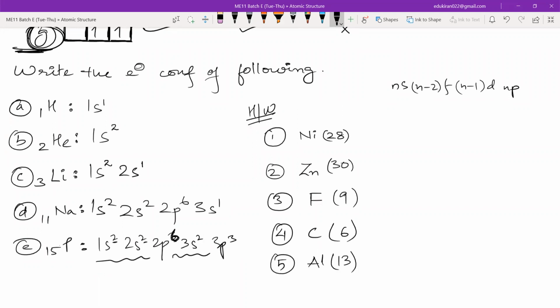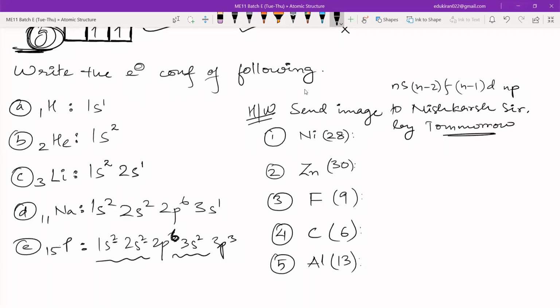So 5 questions. And you have to send the image. Click an image of the answer. Send the image to Nishkash sir by tomorrow.